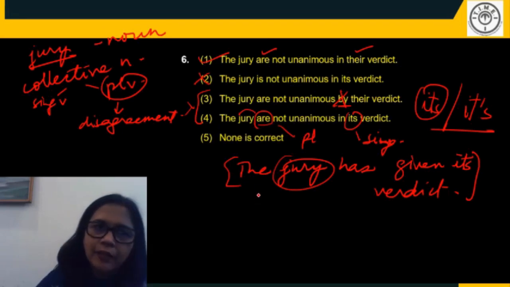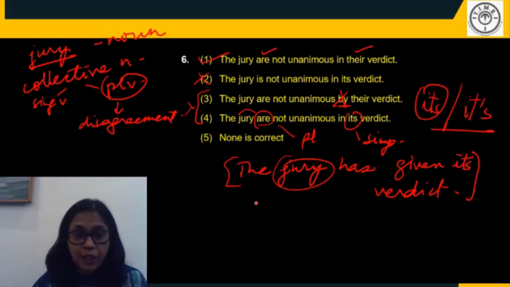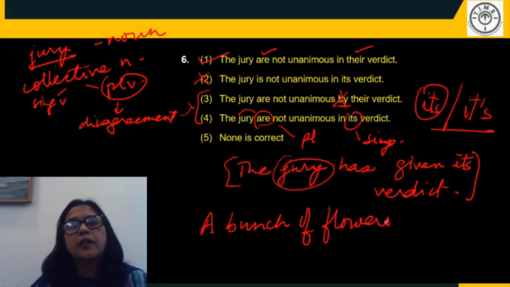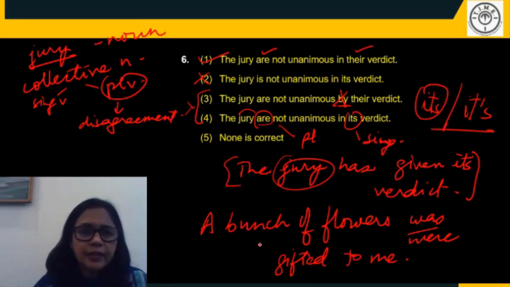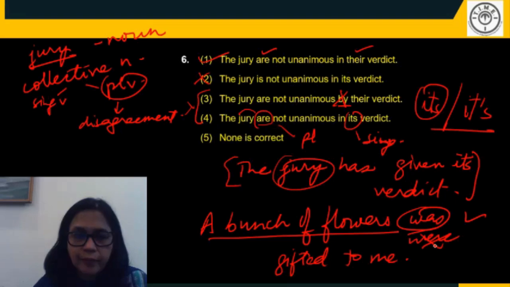Keep in mind that whenever there is a collective noun, there is a chance that you may be using a plural verb. See, if a sentence is like this, a bunch of flowers, was or were gifted to me. In this case, a bunch of flowers, therefore definitely was and not were.